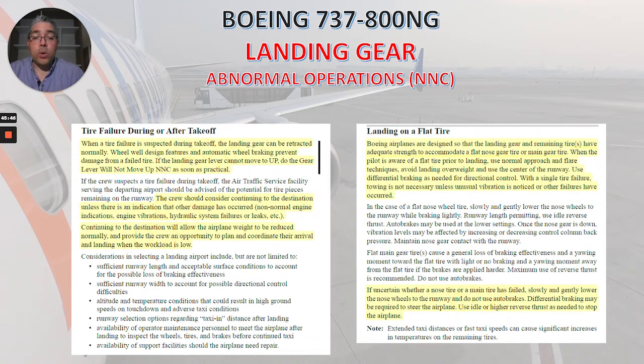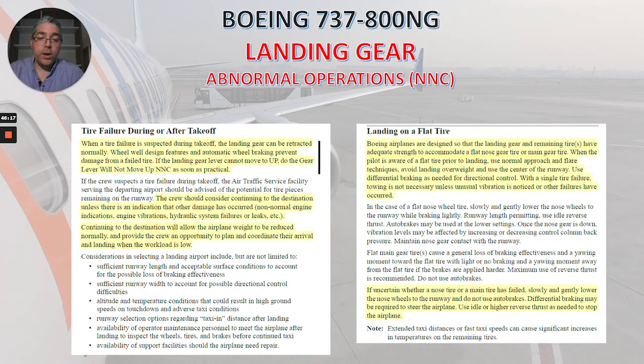When the pilot is aware of a flat tire prior to landing, use normal approach and flare techniques. Avoid landing overweight and use the center of the runway. Use differential braking as needed for directional control. With a single tire failure, towing is not necessary unless unusual vibration is noticed or other failures have occurred.